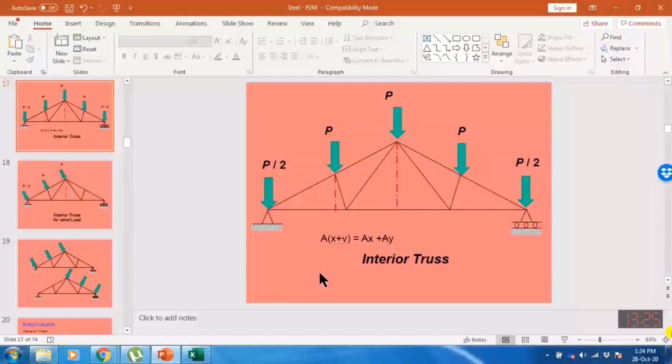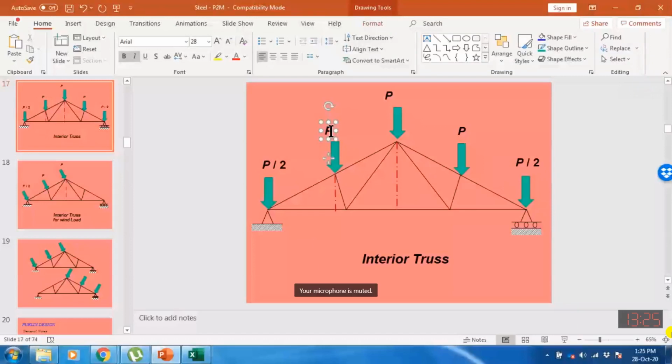Superposition means that I can consider this force as P multiplied by 1. And this will also be equal to P multiplied by 1.